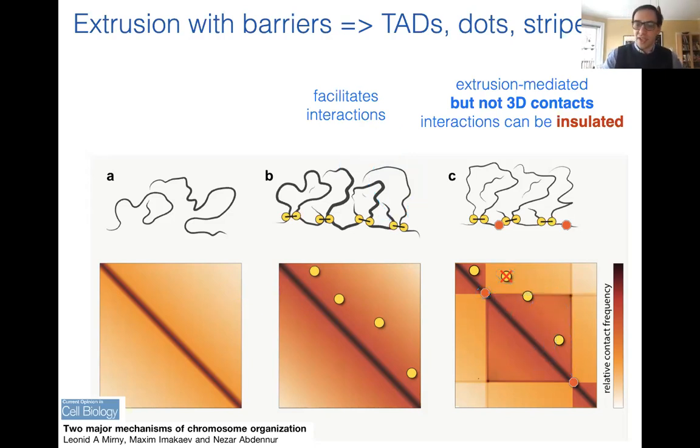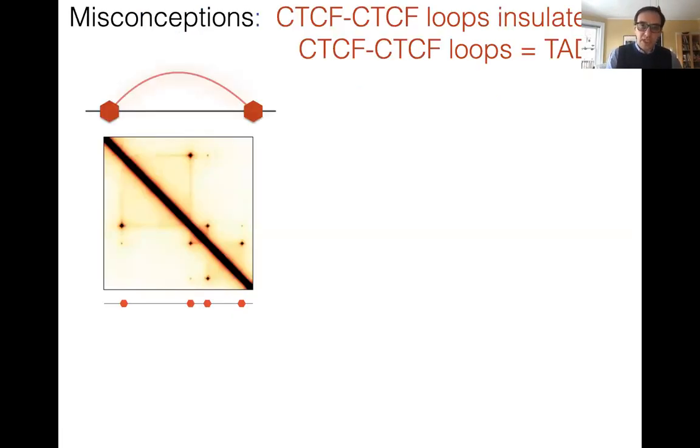Another important thing that we learn from this, and that comes back to many misconceptions or misleading illustrations that you see in the literature, is that if you create a fixed loop, so what we've done here, we essentially make these two regions stop extrusion, but we do not really facilitate lots of loading of cohesin in between.